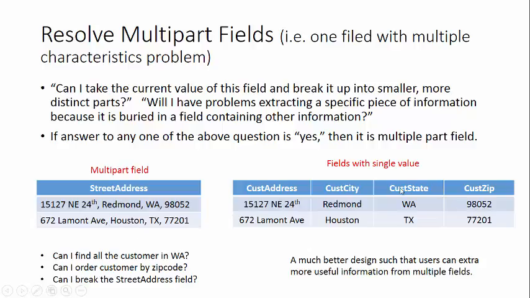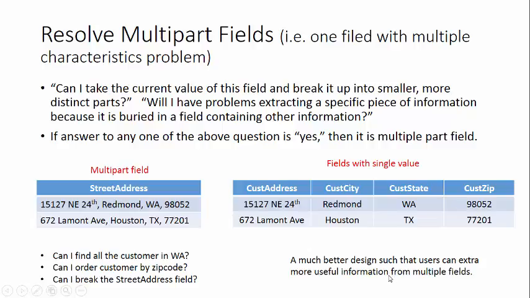A solution to that is we can break it up into 4 pieces: the customer address, customer city, customer state, and customer zip. By doing that, we can answer both questions with a query, and it is a much better design.